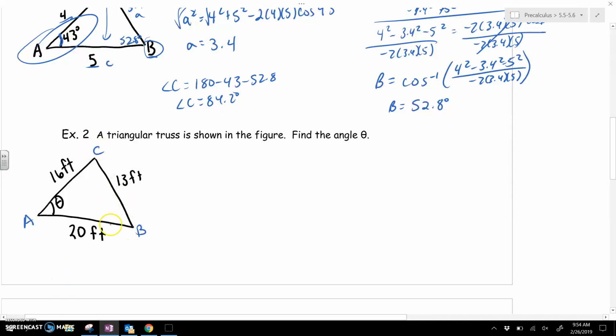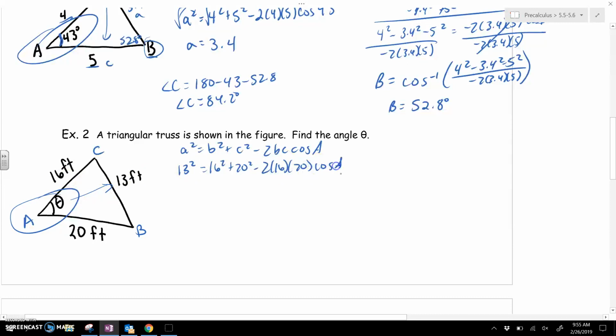The important thing is that I need to use the first version, where I would use a squared equals b squared plus c squared minus 2bc cosine A. That's really the most important thing, or just knowing that the side across from the angle is over here. So 13 squared, it doesn't matter the other two, equals 16 squared plus 20 squared minus 2 times 16 times 20 times cosine.